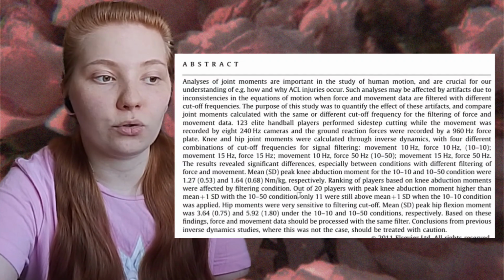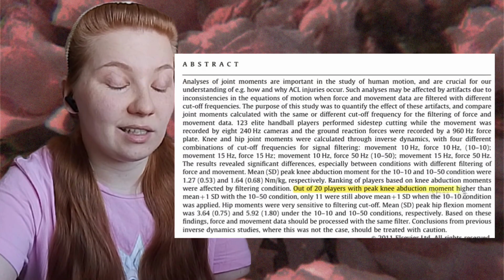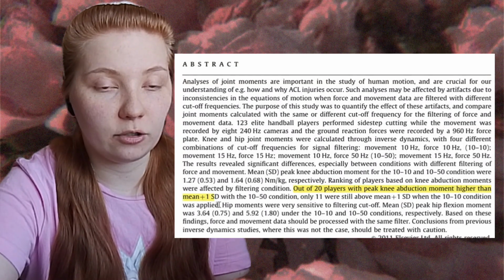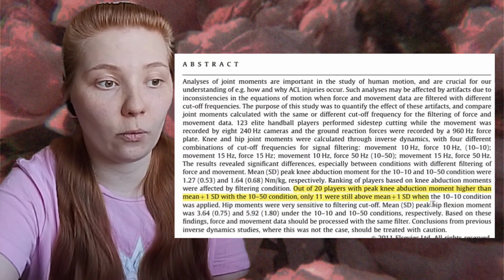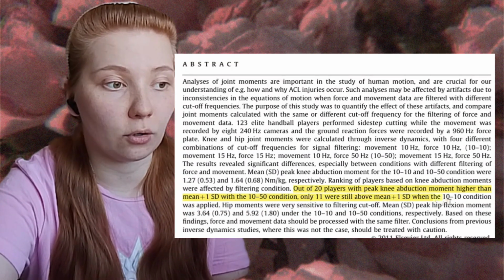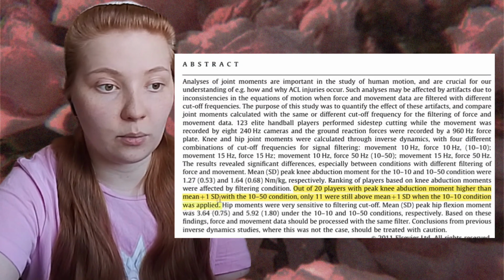Of 20 players with peak knee abduction moment higher than mean plus 1 SD in the 10-50 condition, only 11 were still above mean plus 1 SD when the 10-10 condition was applied.